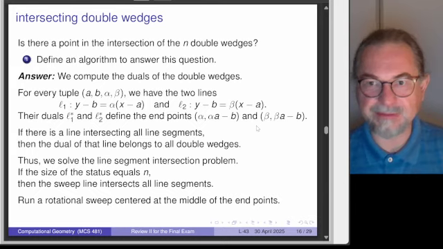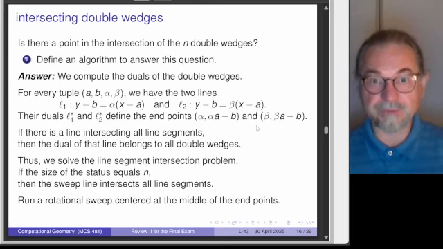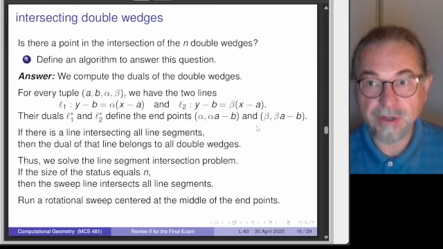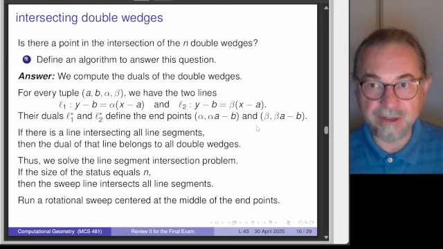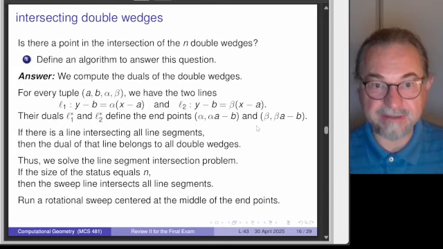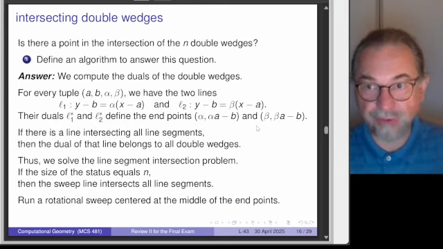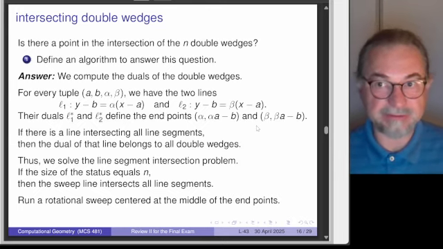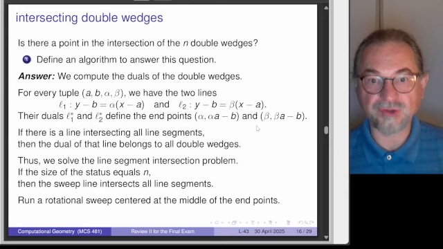When running the algorithm for the line segment intersection problem, we have a sweep line that comes down. If that sweep line intersects all line segments, we talked about the status, then we know it suffices that at some stage in the algorithm, the sweep line intersects all line segments.